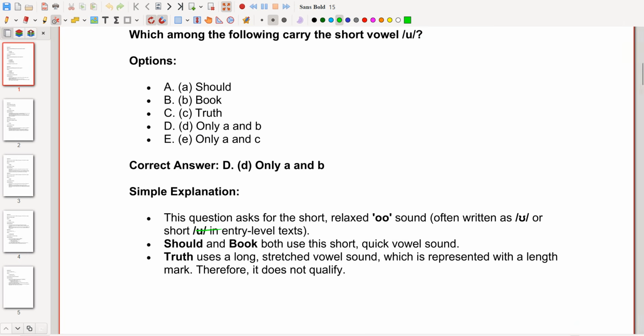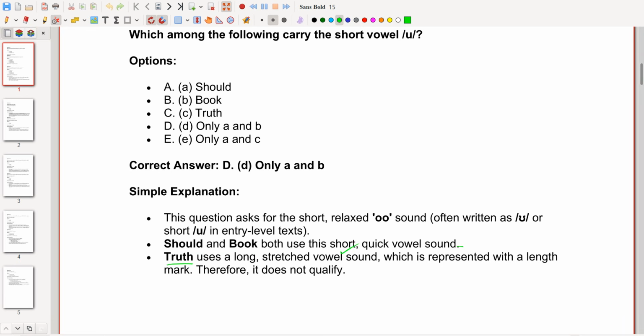See, this question asks for the short, relaxed U sound. But truth uses a long, stretched vowel sound which is represented with the length mark. So, it is not qualifying for the short vowel U sound. Should and book both use a short quick vowel sound.